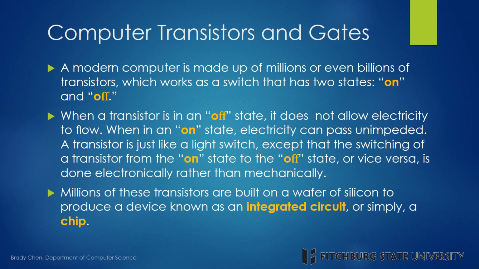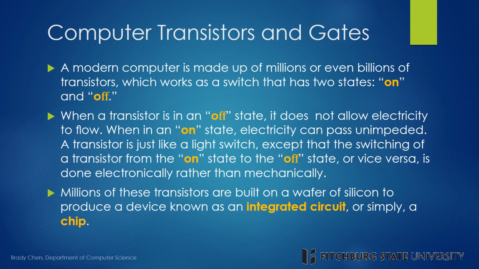Okay. So you can interpret a transistor as a light switch, except that the switching of the transistor from on to off, or vice versa, is done electronically, not by your hand. A transistor is so small, how can you switch it on and off by hand?